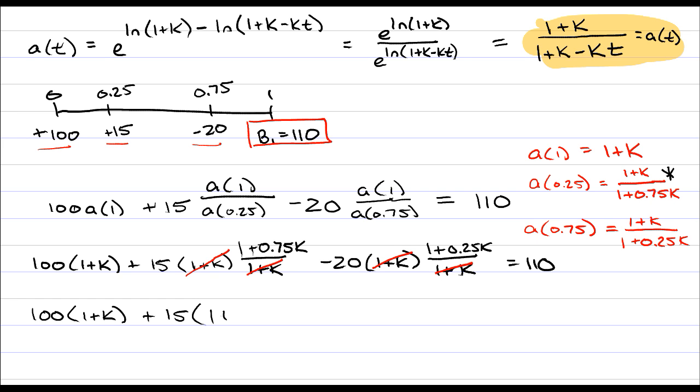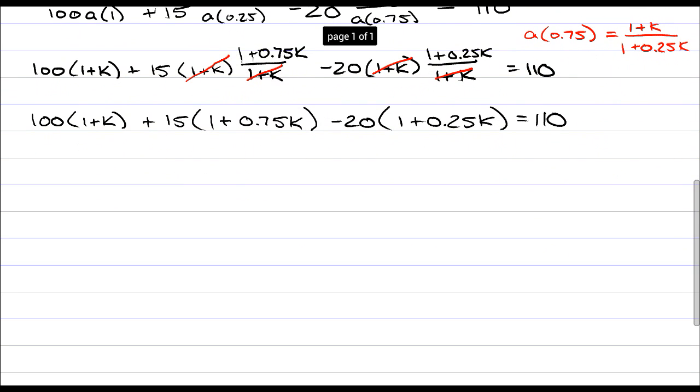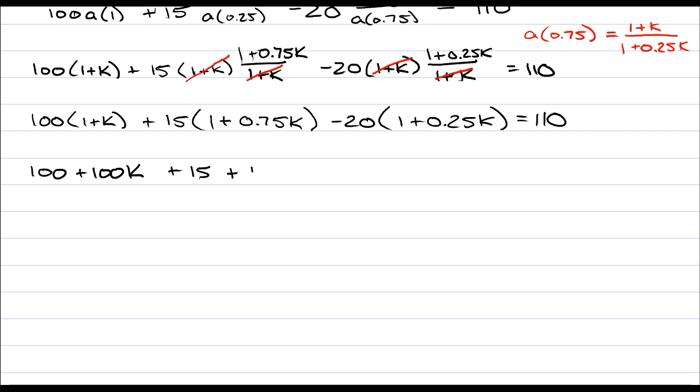This problem is complicated, but fortunately we're almost done with it. It's all algebra from here on out. I get rid of my parentheses by distributing, and I get 100 plus 100k plus 15 plus 11.25k minus 20 minus 5k equals 110.